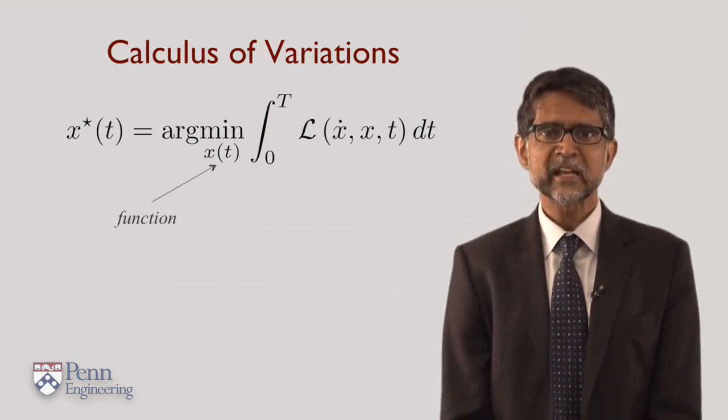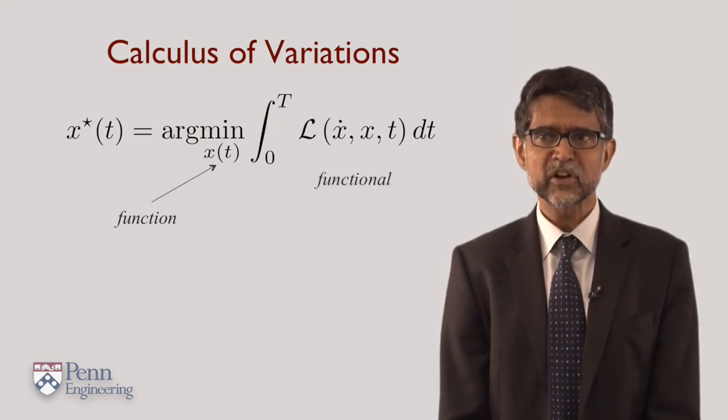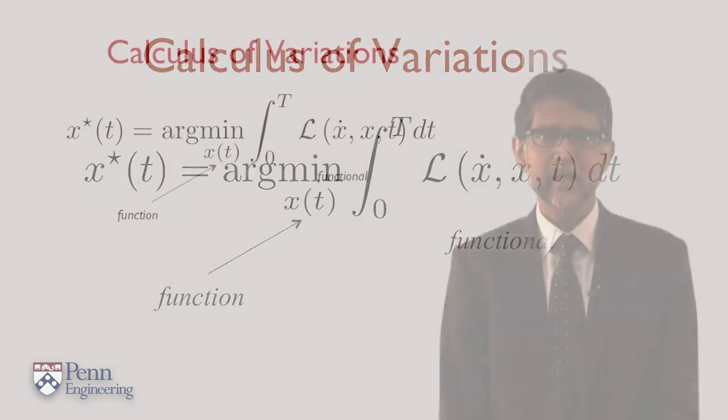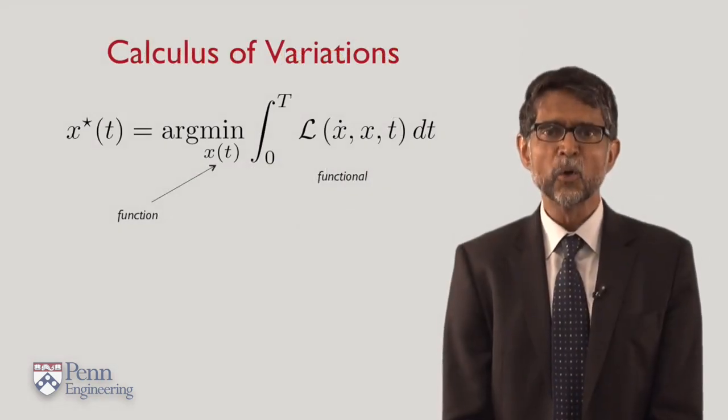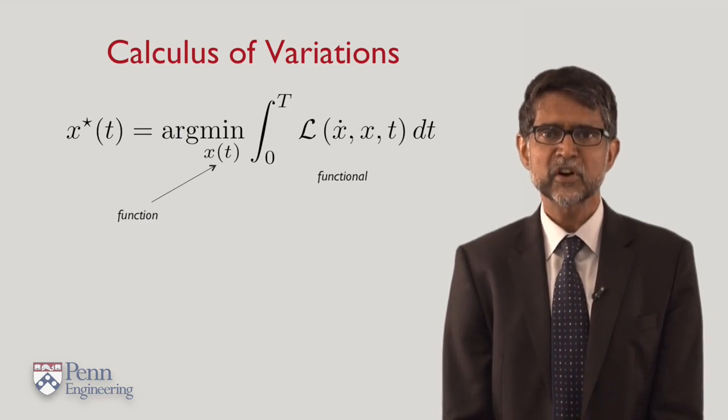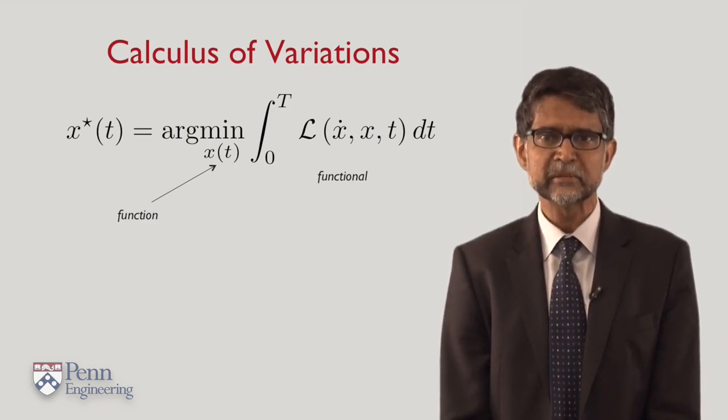You're trying to find the best function x of t that minimizes a functional. The functional is the integral of L, which depends on the function x of t, its derivative x dot of t, and of course time. The goal in calculus of variations is to find the best function x star of t.